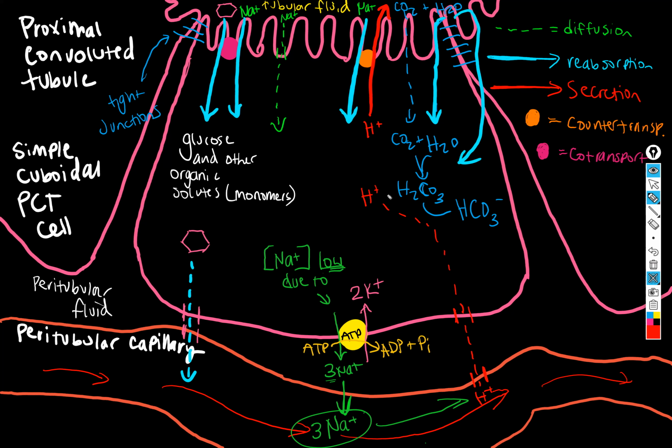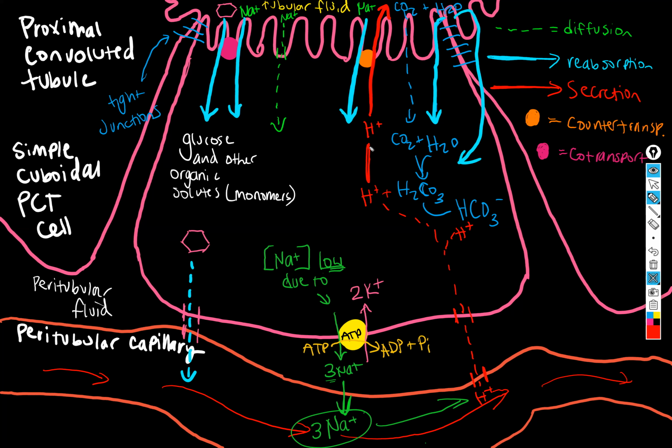It can either come directly from there, or the incoming one from the blood can combine with bicarbonate to form carbonic acid, which then dissociates again. So there's the possible routes. But regardless, the result is that we are going to put protons into the tubular fluid from the blood, and we're going to keep them moving into the tubular fluid. So out of the peritubular fluid, out of the blood, and out of the PCT cell into the tubular fluid.